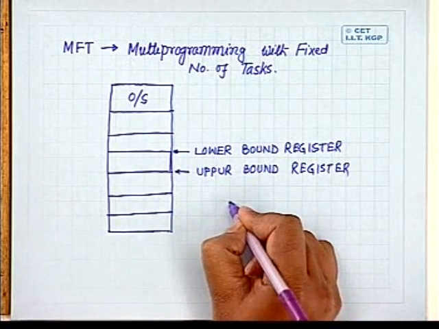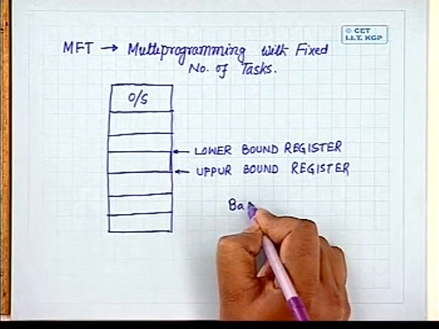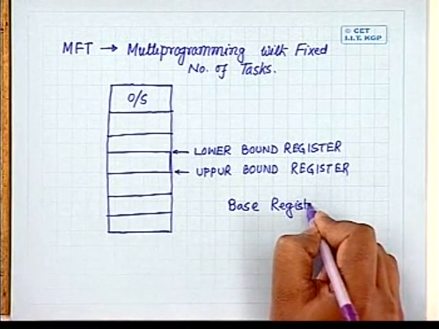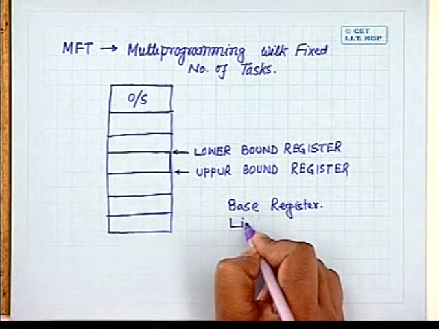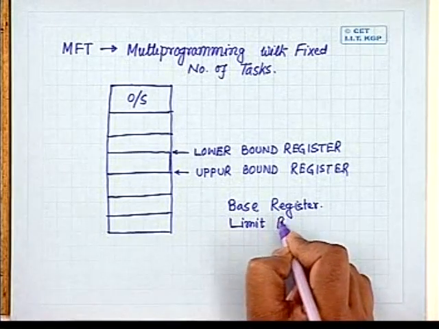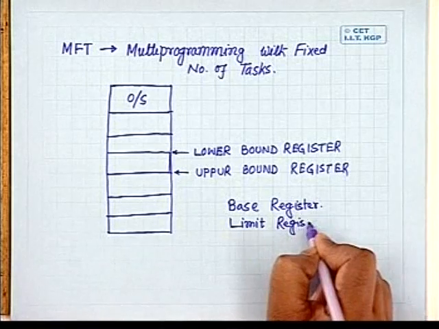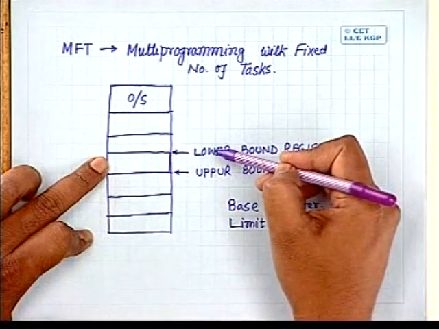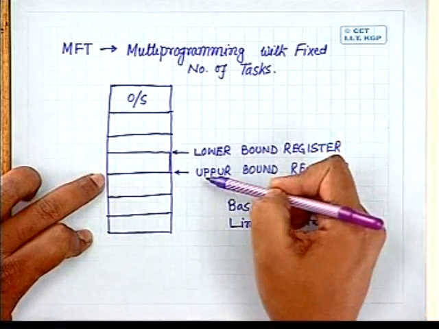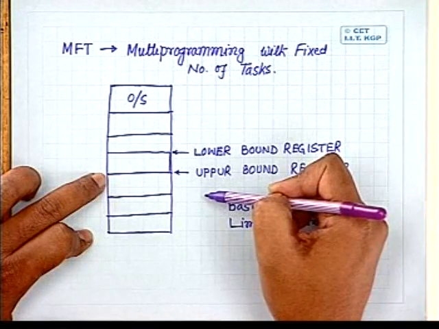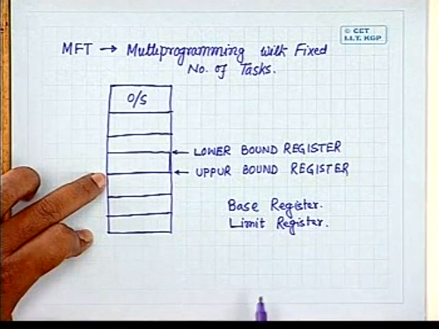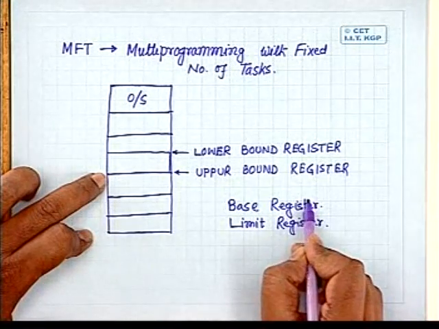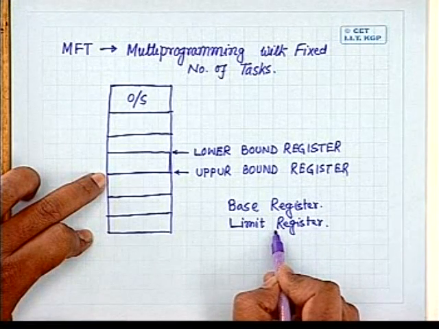One is called a base register, and the other one I'll call the limit register. Because an address which is not less than the lower bound register content and not greater than the upper bound register content must reside within the range: the minimum can be the base address, and the maximum can be the base address plus the limit register.